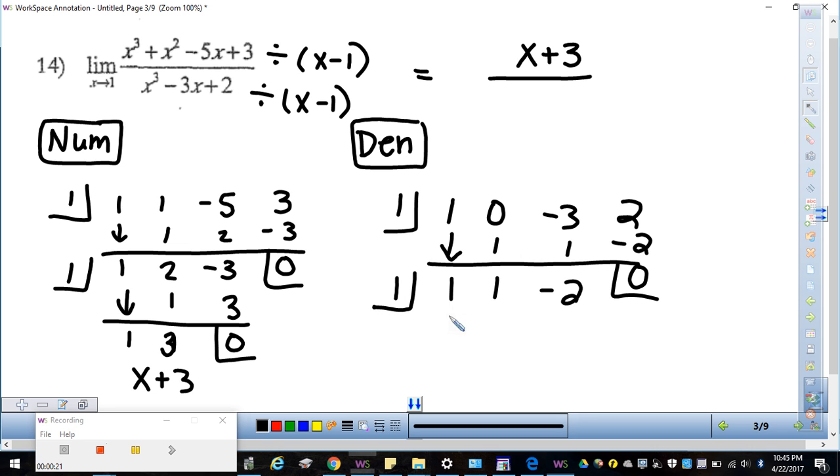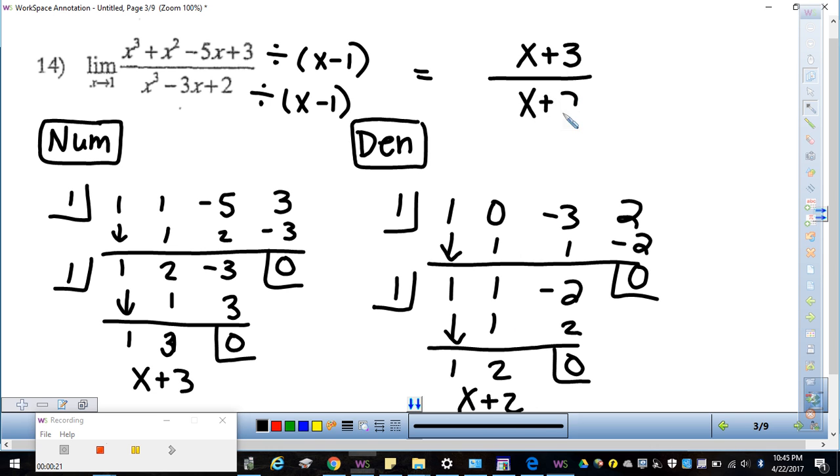So we're going to divide it by the x minus 1 again, because 1 made that equal to 0. Alright, and this gives us, again, something a little better, x plus 2. Now finally we can plug in our x value of 1. So we have 1 plus 3 over 1 plus 2, giving us a final limit answer of 4/3.